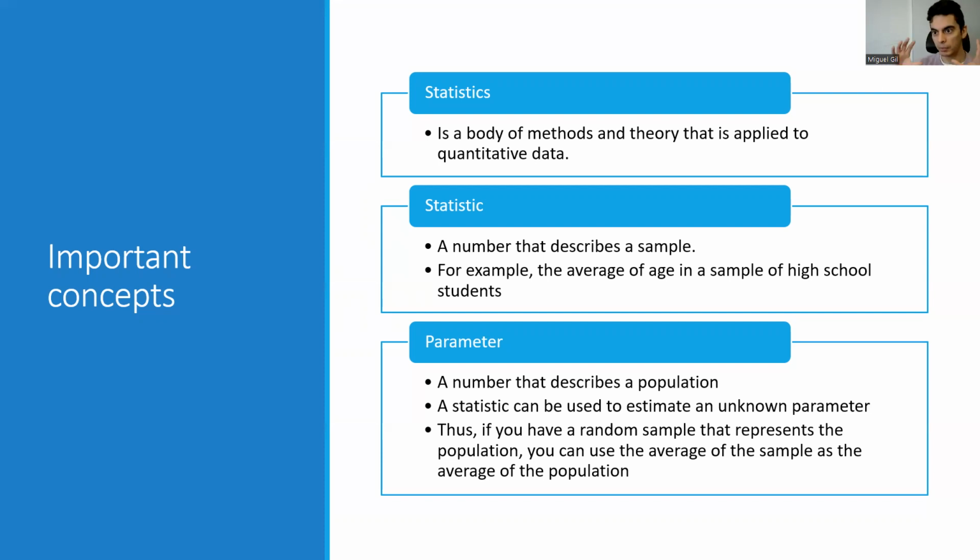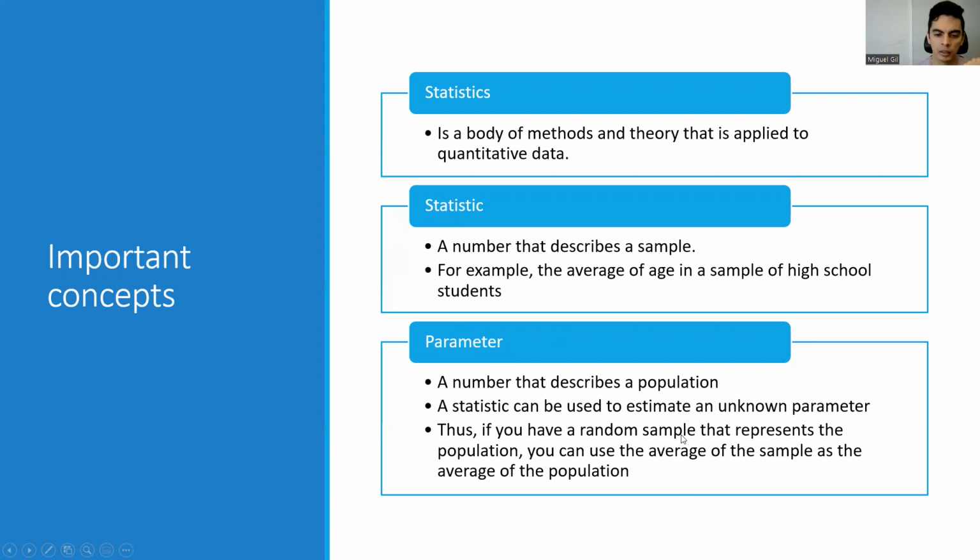And the main assumption behind this, that we can interpret the statistic as a parameter, is that the sample represents the population. That's why I talked about it in the previous lecture, that it was super important that your sample represents the population. And the other thing is that this sample has to be totally random. It has to represent the population, and also it has to be random.